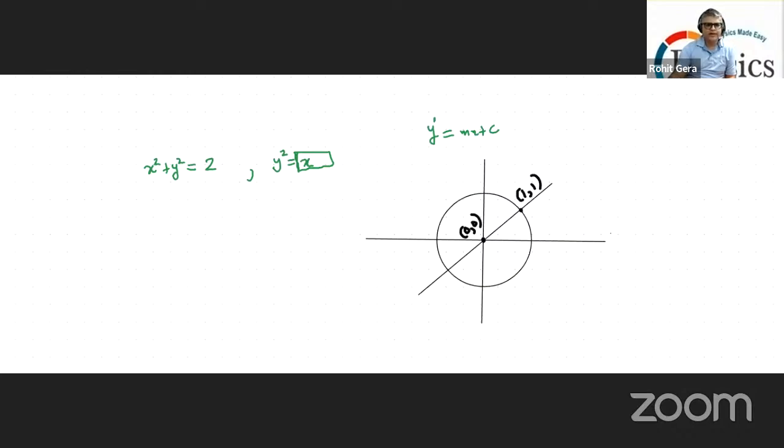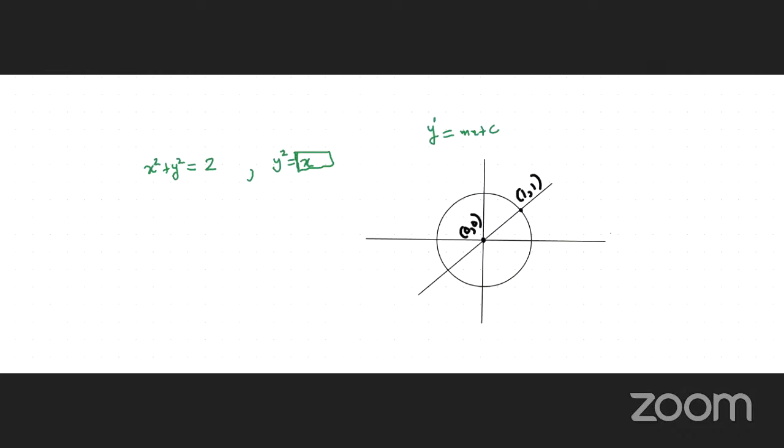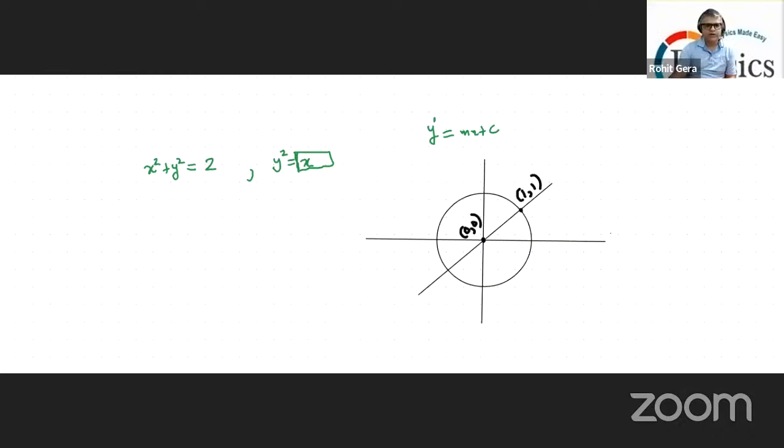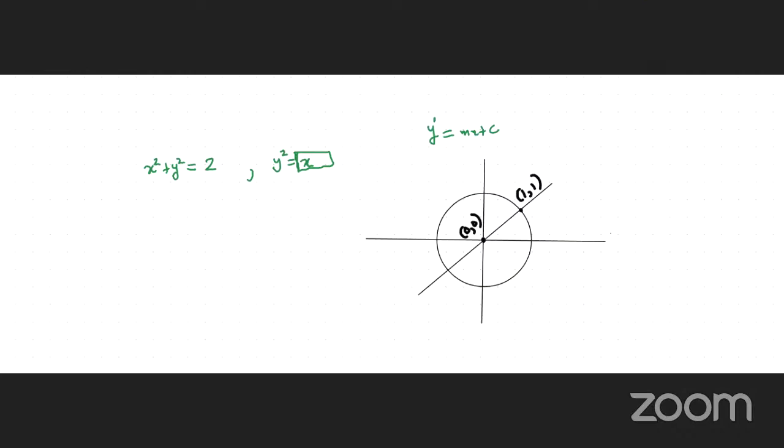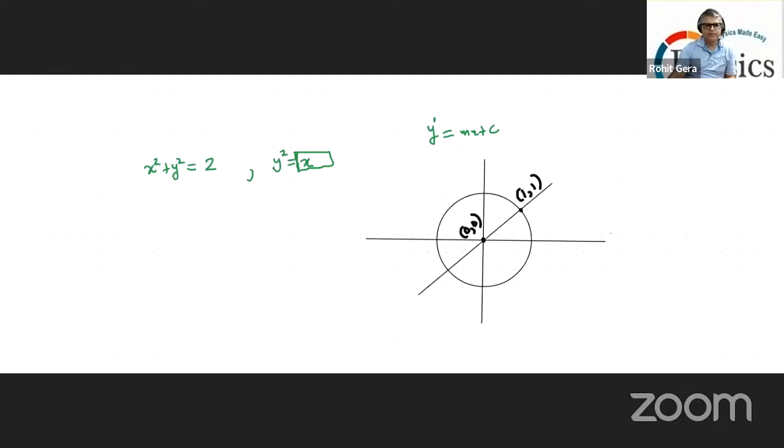This coordinate, the point of intersection, is 1 comma 1, right? And the one below is 1 comma minus 1.